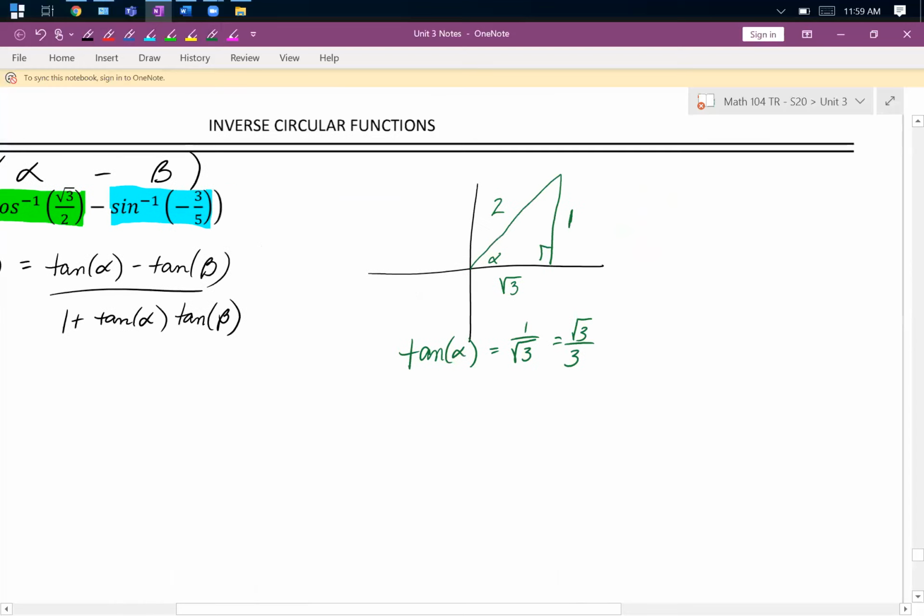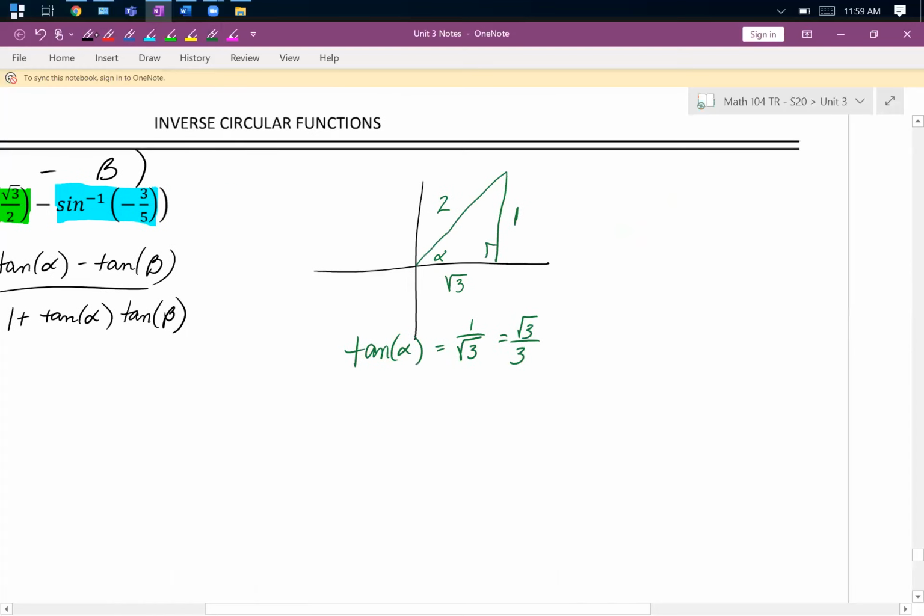Now I'll do the same thing with the blue. Sine inverse is only defined in quadrants 1 and 4. Out of those two quadrants, sine is negative. In the fourth quadrant, our triangle's got to be down here somewhere. Using SOHCAHTOA, the opposite side is going to be negative 3, and the hypotenuse is going to be 5.